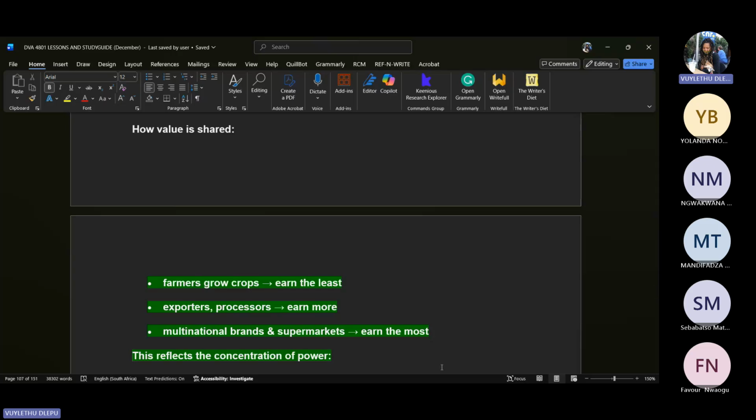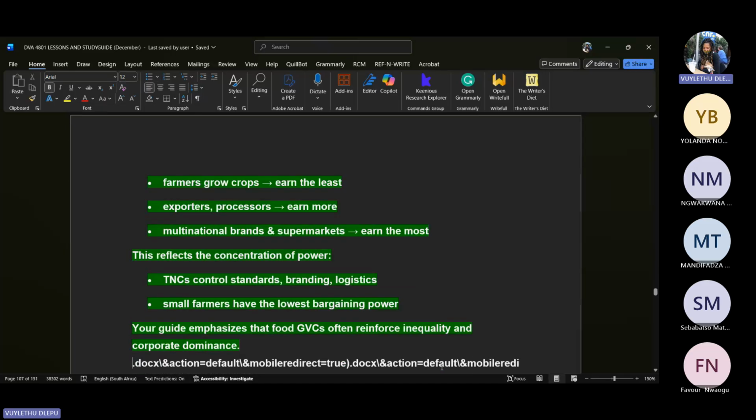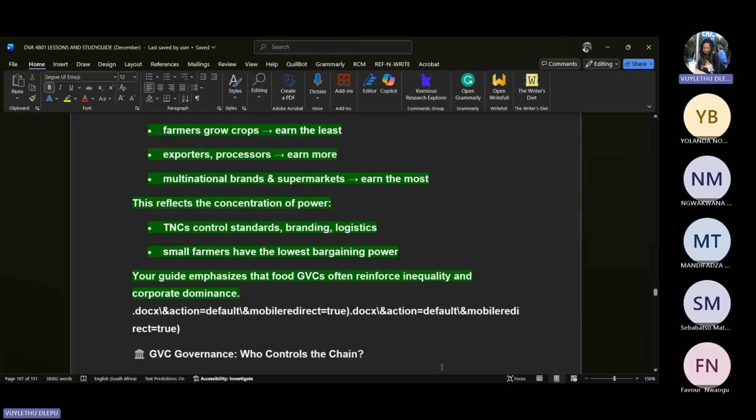Multinational brands and supermarkets earn the most. This reflects the concentration of power. TNCs control standards, branding, and logistics. Small farmers have the lowest bargaining power. And then it tells us that food global value chains often reinforce inequality and corporate dominance.